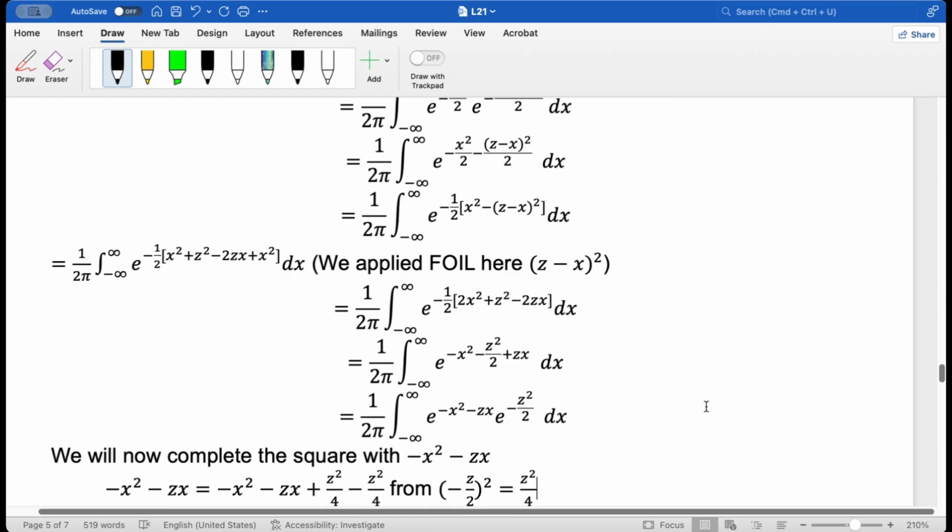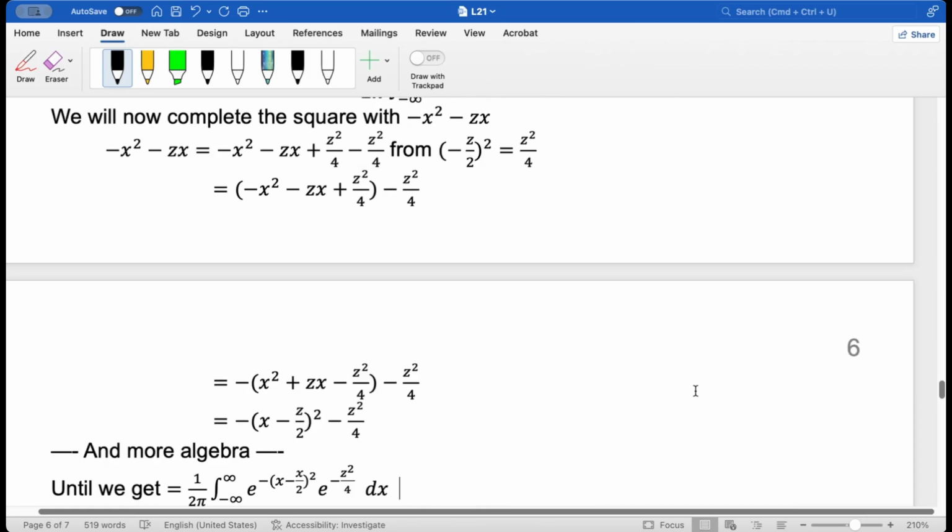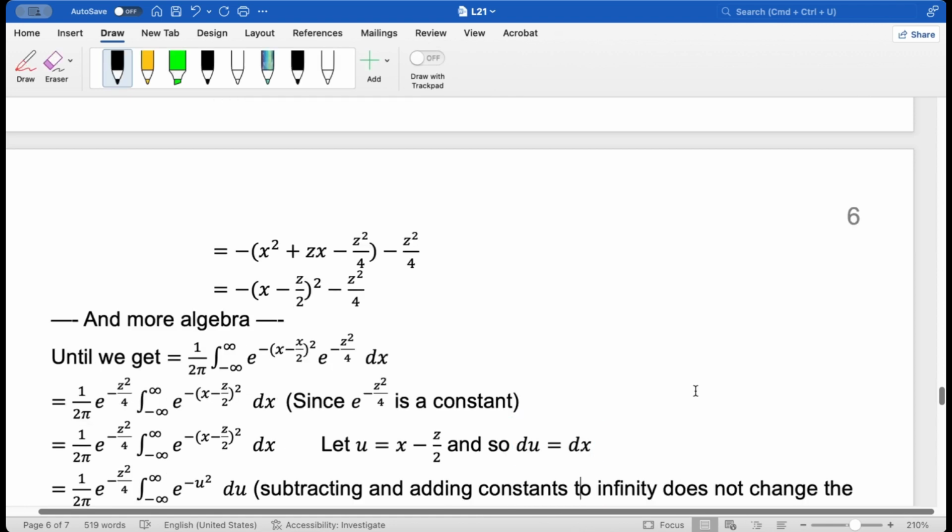So we have negative z over 2 squared. That's where the z squared over 4 comes from. We add and subtract that expression. Then we can factor out this e to the minus z squared over 4. That can be pulled out of the integral here.